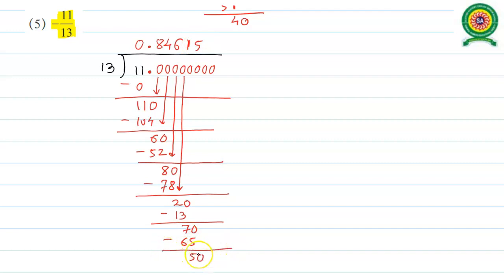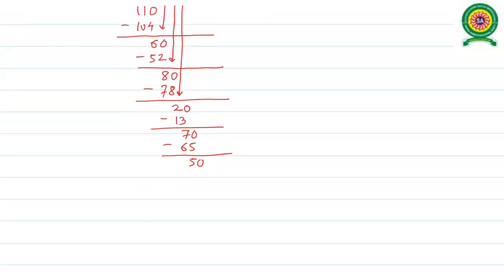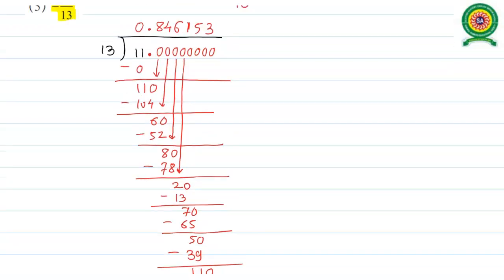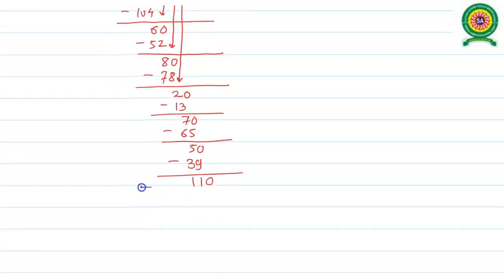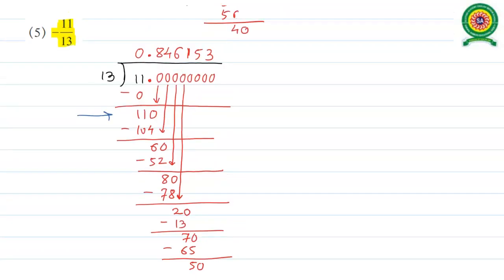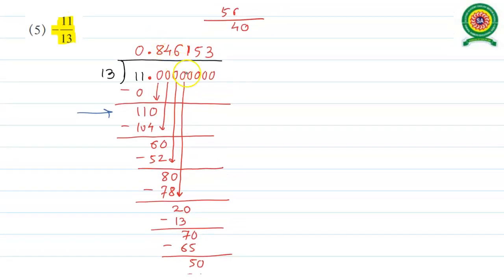Next 0 comes down, it generates 50. 13 3s we have 39. After subtraction, we have remainder 11. Next 0 comes down, it generates 110. Now look at the first step of your division. We have the remainder 11, and at the last step of division we have the remainder 11. So after that 3, the same set of digits will be repeated infinitely many times.